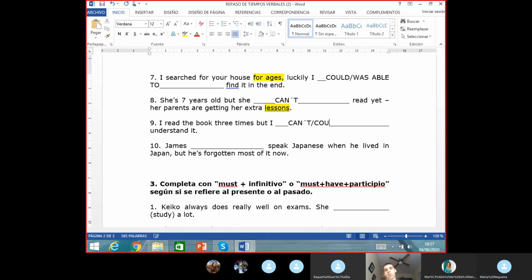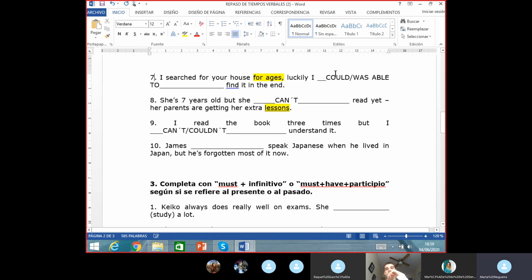Couldn't. Or you could say I wasn't able to understand it. In this case, for example, in number 7, I would use was able to better than could, because you can conjugate it better in this case. Well, but those are synonyms. Not really interested in that.